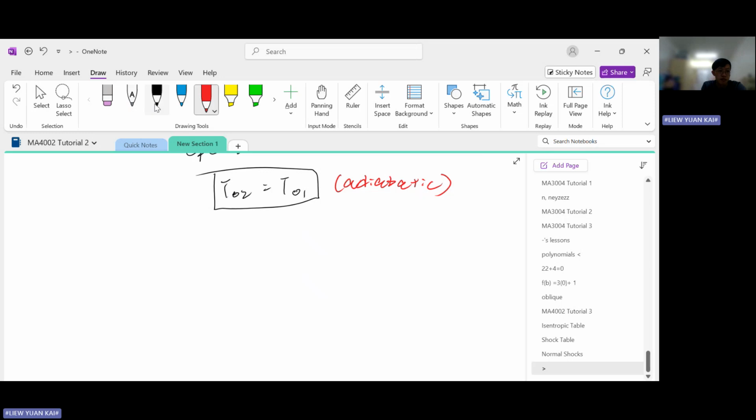This is important because we will use this trick, especially when we find entropy change for an adiabatic flow. So let me write that down because this is very important.